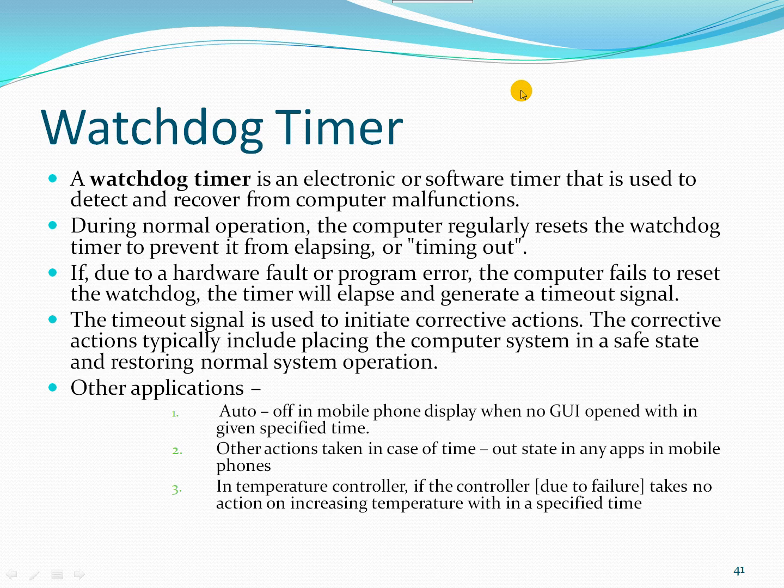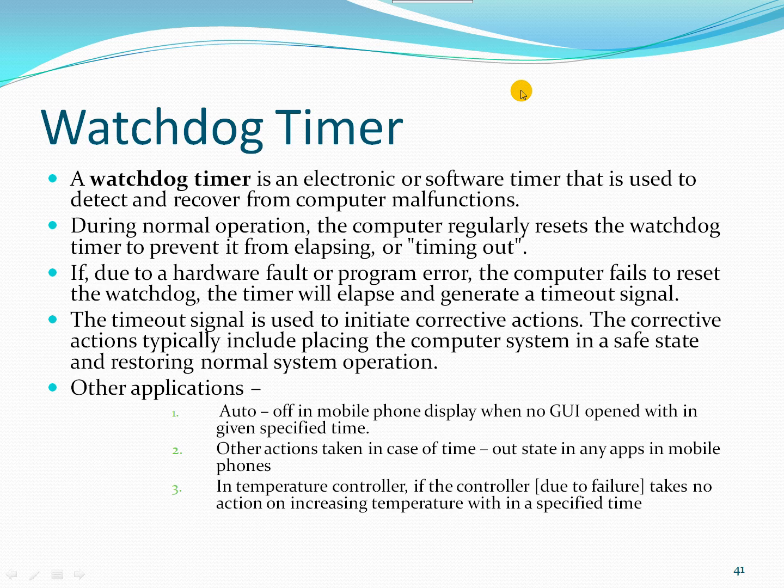So Watchdog timers are a special type of timers used in microprocessors and microcontrollers in order to watch the working status of particular processes on the hardware units that you are using in your embedded systems. The Watchdog timer is an electronic or a software timer. By both ways we can design the Watchdog timers.